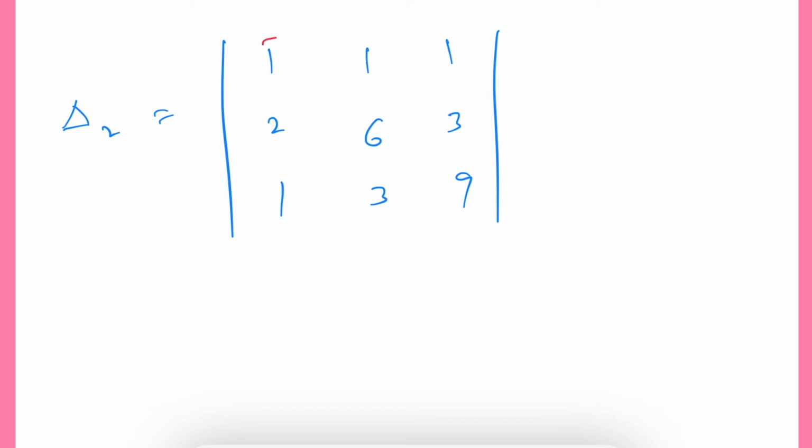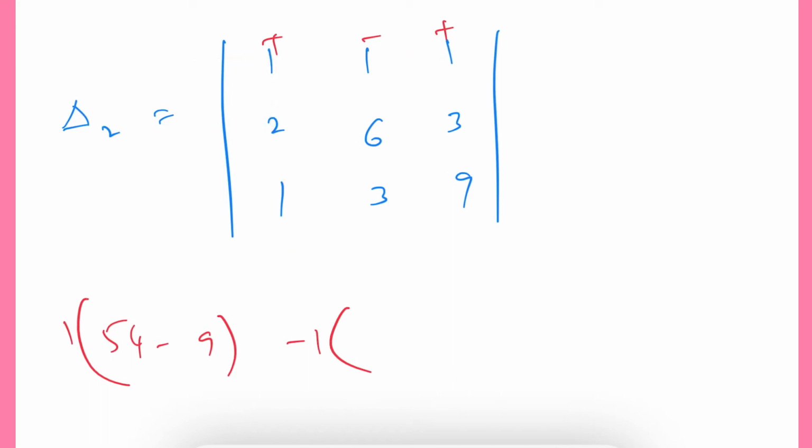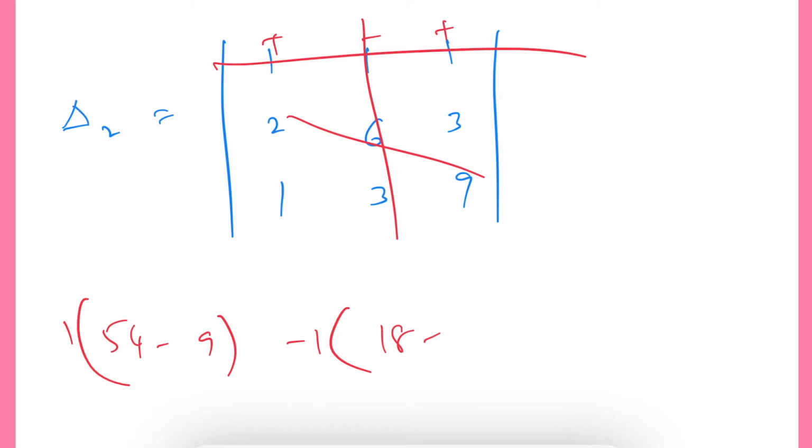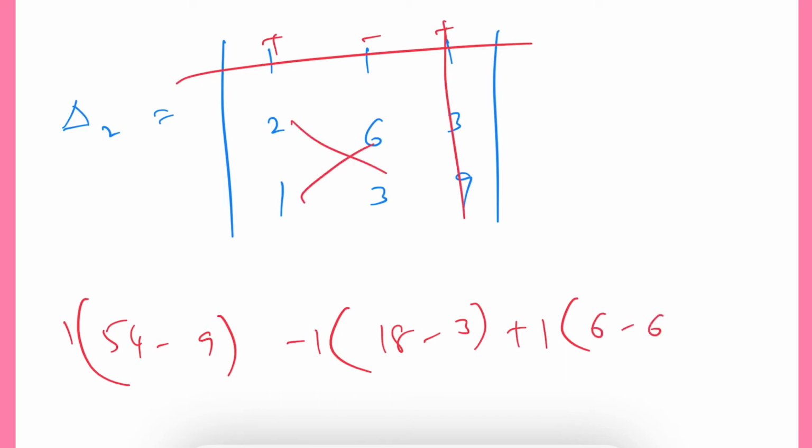Determinant, this will become plus, it will become minus, it will become plus. So 1 times, if we remove this, 6 9s are 54 minus 3 3s are 9, then comes minus 1 into 2 9s are 18 minus 1 3s are 3, then plus 1 into 2 3s are 6 minus 1 6 are 6.